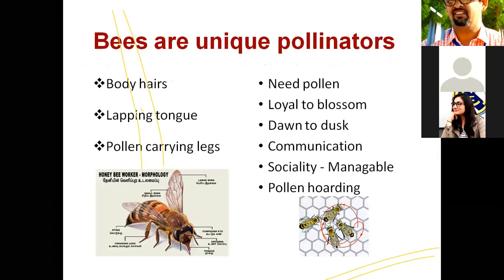So they are unique pollinators. Why unique pollinators? What is the main character that they have for pollination? Because most honeybees have body hairs. They have hairs on the body, so they collect the pollen and transfer it to another plant. Then a lapping tongue: the mouth parts are also of the lapping type.